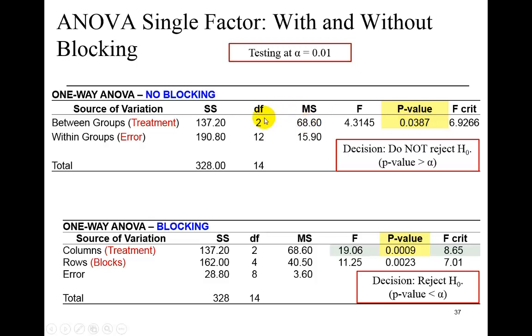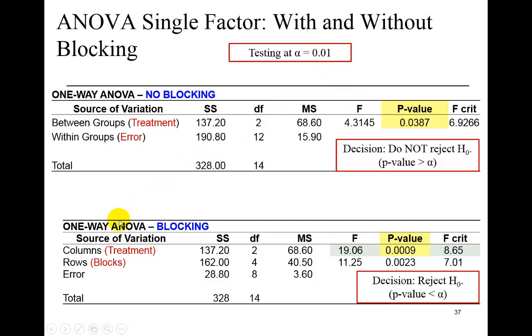But in this study, though, we tested at the more conservative 1% level of significance, and as a result, we weren't able to reject the null hypothesis.